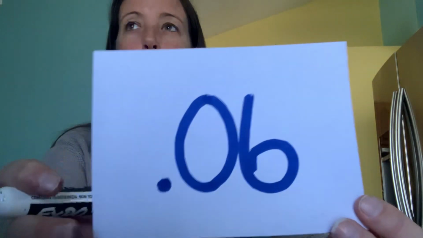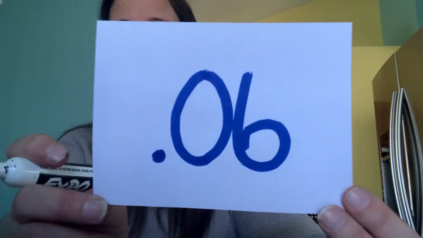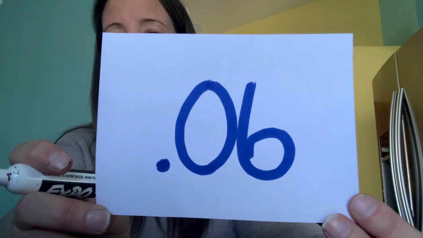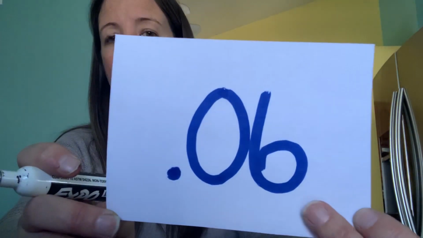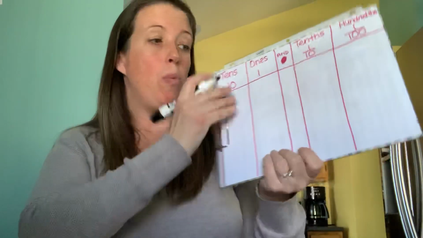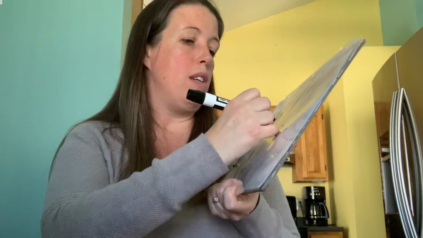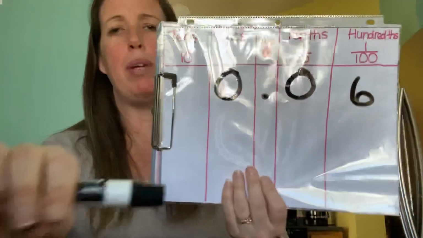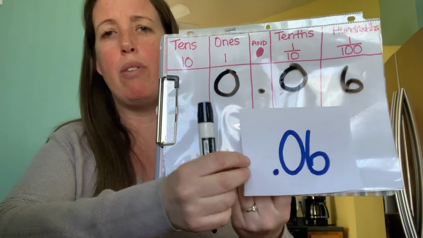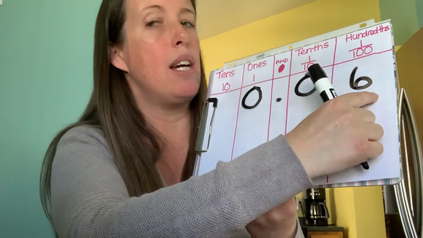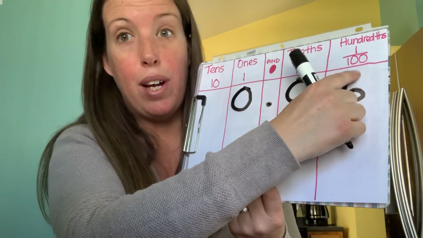This is my trick one, so be very, very careful. Think about how you read this number. I know I have a 6. Let me see what place value it finishes in. I'm going to copy this, decimal point 0.6, so I read it as 6 hundredths.